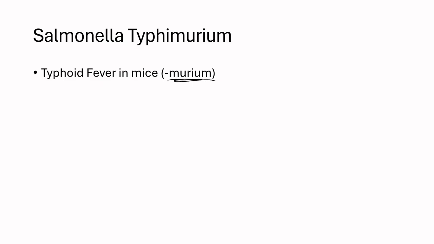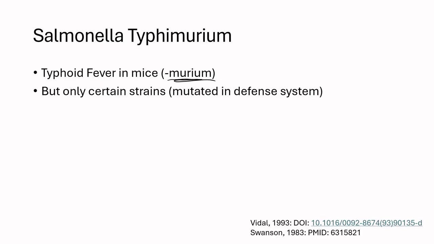So murium, like murine, meaning in mice. The complete story is it doesn't cause this typhoid fever-like infection in all mice, but only in certain strains of mice, particularly in mice that are mutated in a certain way in their immune system, and in particular these are laboratory strains that are even deliberately mutated in this function.